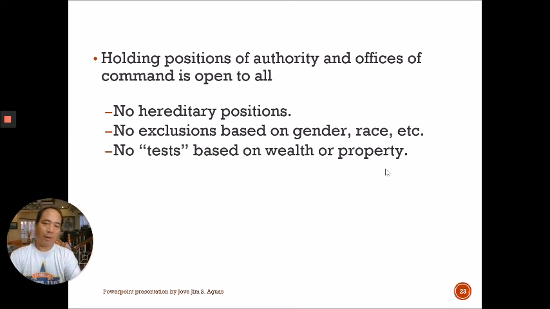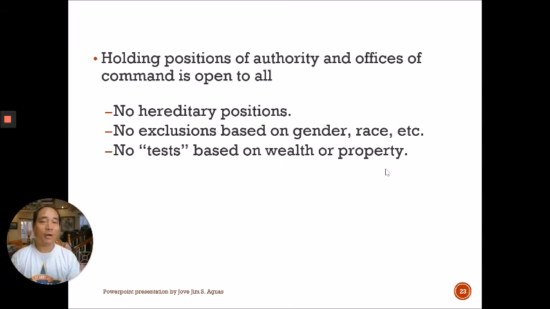Sorry, in politics, I don't know if this is being practiced in our country. Obviously not. We have a counter example of this in our society, right? No exclusions based on gender, race, etc.